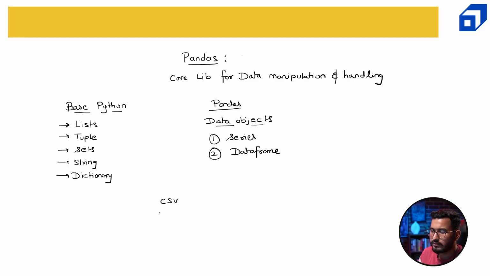As you already know, if I want to process data, I need a container. So these are the two containers in the Pandas library. Let's say I have a CSV file and I want to process it or do some kind of data manipulation on top of it. The very first step is to load this file into a Pandas data frame, which is basically the data object for Pandas.